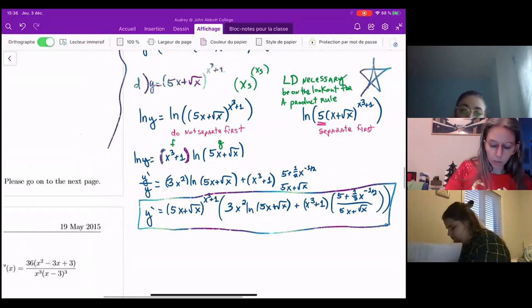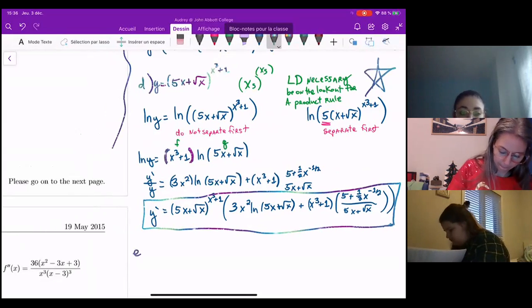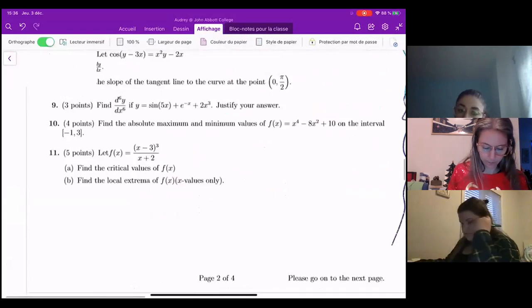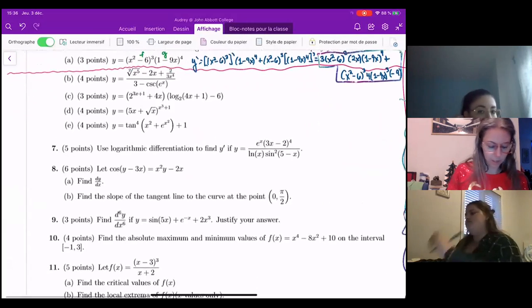Okay, so let's do our last derivative here, e to the tangent to the fourth x squared plus e to the x squared.